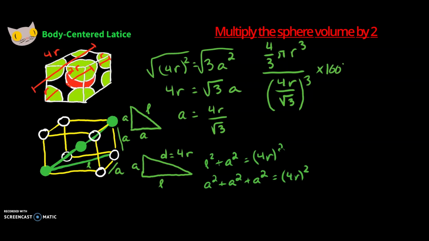Multiply that by 100%, and you type that into a calculator, you'll find that 68% of the total volume of the cubic lattice is taken by the atoms.